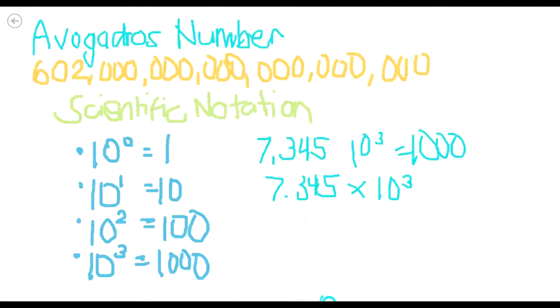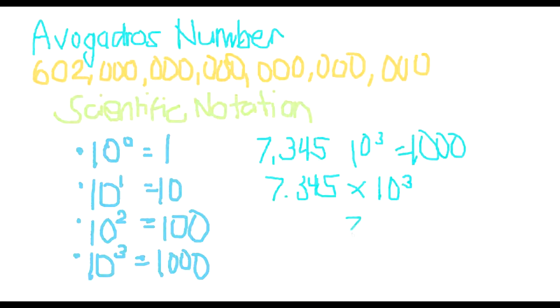What's 0.3 times 1,000? It's 300. 0.4 times 1,000, that's 40. 0.5 times 1,000, that's basically 5. So 7.345 times 1,000 is equal to 7,345.